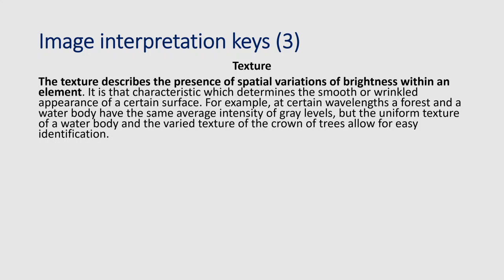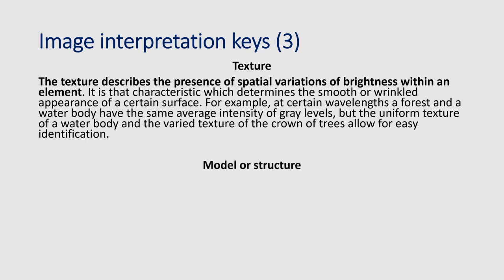So you see, texture is something that, together with the contour and the color, makes it easier to understand what the representation is. For example, with the example given here, we can distinguish between two things that reflect, for example in the red band, in a very similar way, like water and forest. But the texture allows us to understand that this is a surface of vegetation and the other one is a surface of water.